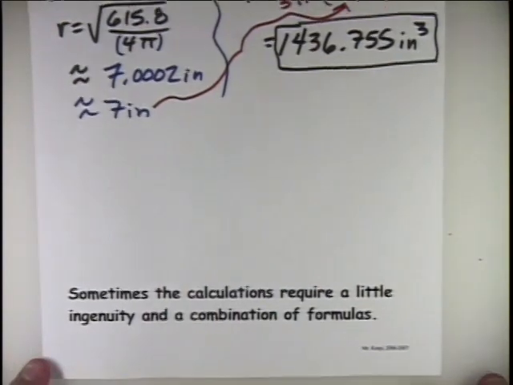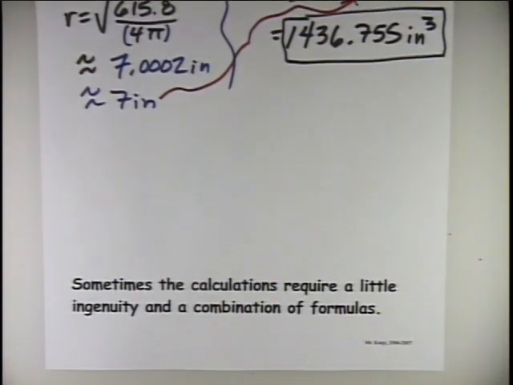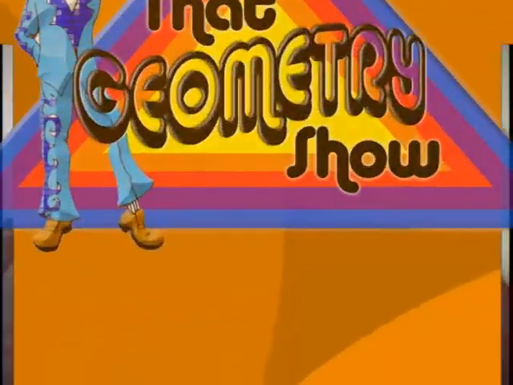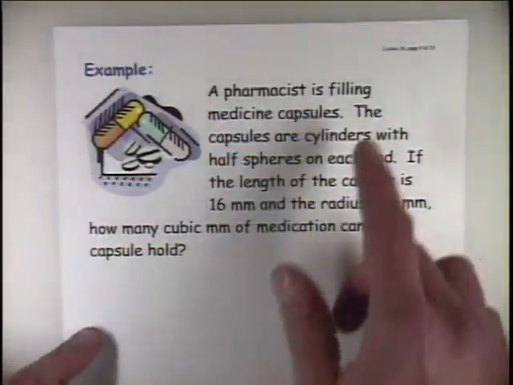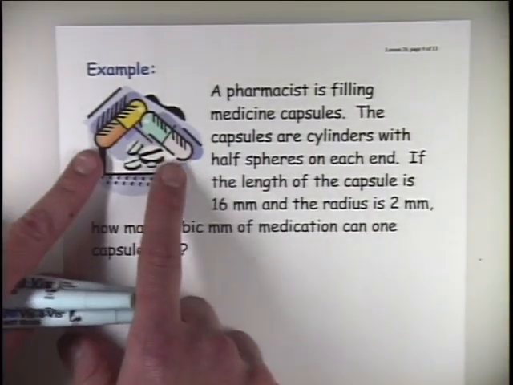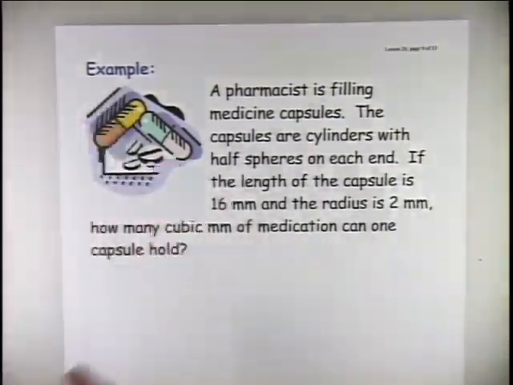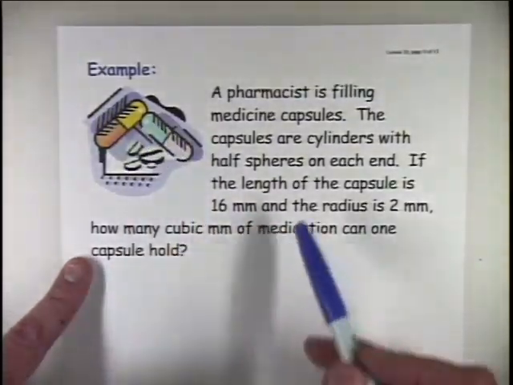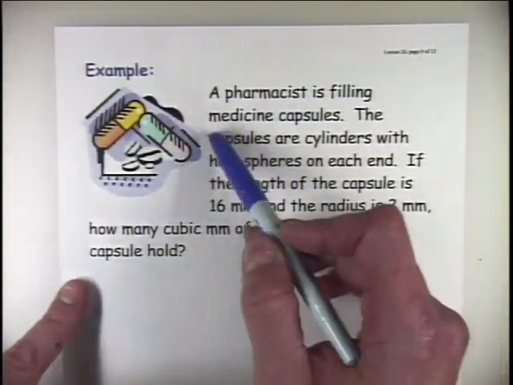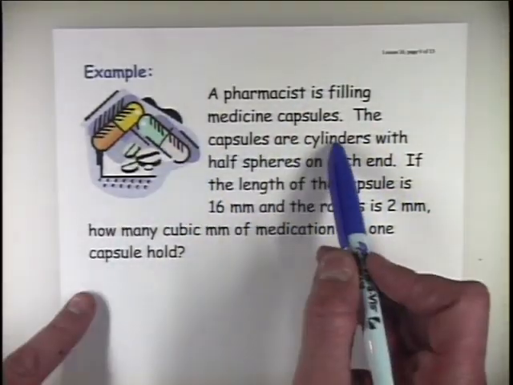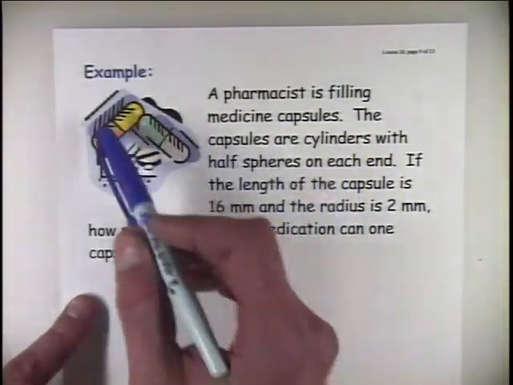Now, sometimes the calculations require a little ingenuity and a combination of formulas. Here's an example. A pharmacist. Good profession. They help people with medication, and medication can sometimes come in the form of a capsule. I have 2 of them here. These are tablets, these are capsules. A pharmacist is filling medicine into these capsules, and the capsules are nothing more than cylinders with half spheres on each end.